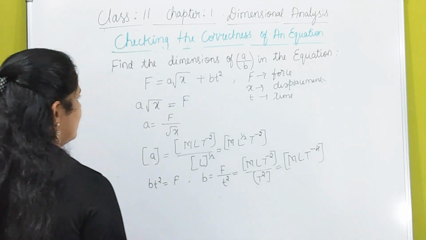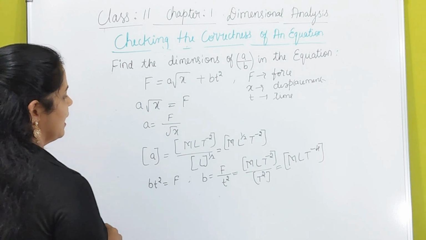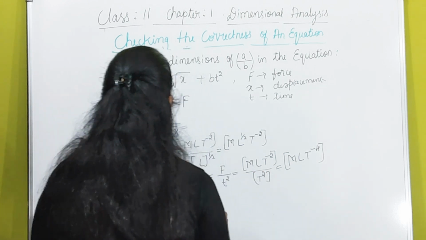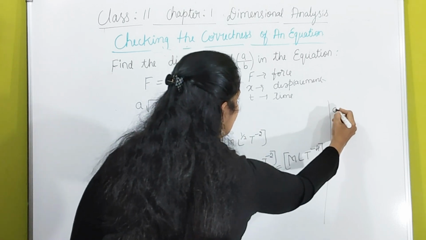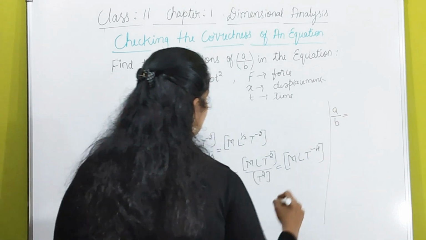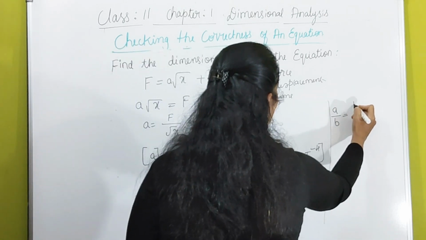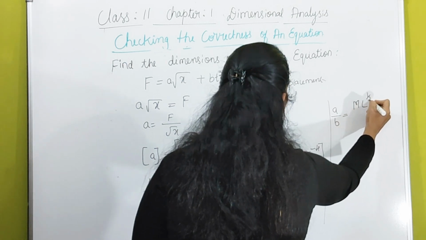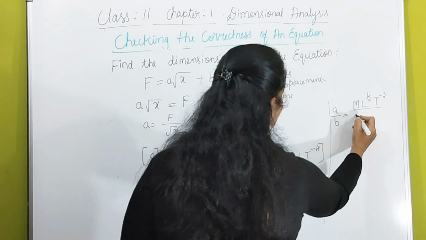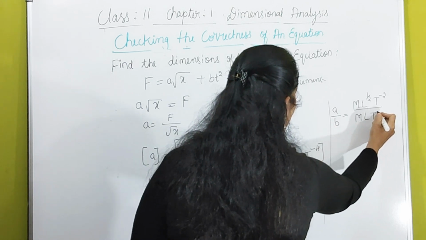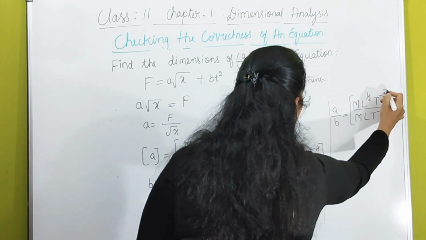Now the question is find A by B. To find A by B, I'll write here M L to the power half T to the power minus 2 divided by M L T to the power minus 4.